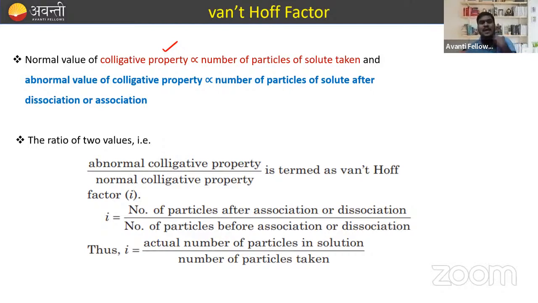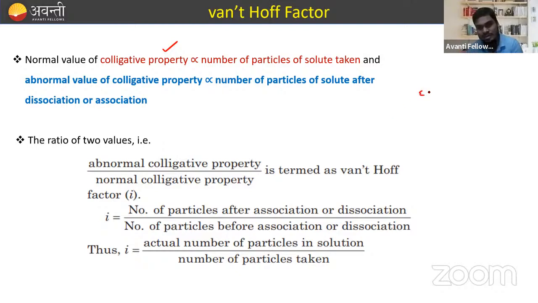And now the abnormal value, because we already studied in the last class what is abnormal molecular mass and abnormal colligative properties. We have already studied this in our last classes, right? So the abnormal value of colligative properties is also directly proportional to the number of particles of the solute after dissociation or association, right?